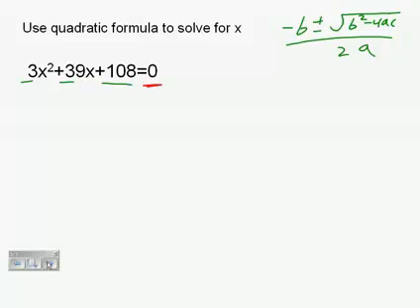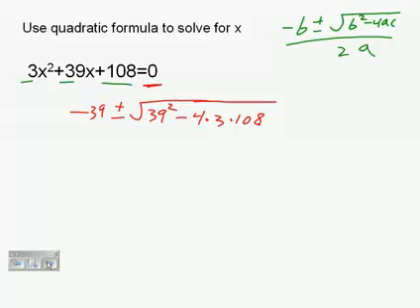And in this case it is. So negative b, which is negative 39, plus or minus the square root of b squared, so 39 squared, minus 4 times a, which is 3, times c, which is 108. Make sure it's all under the radical sign, all over 2a, which is 2 times 3.